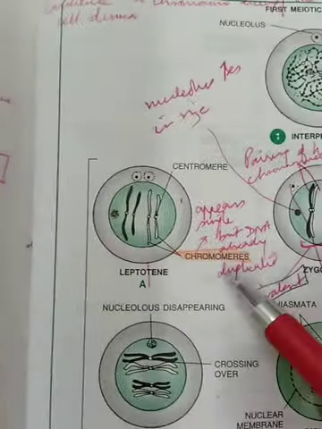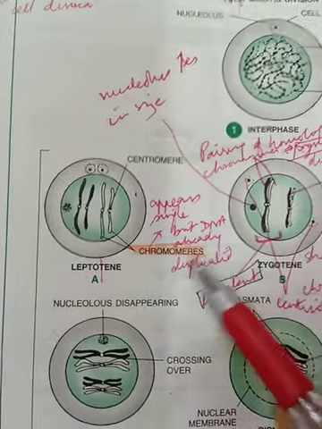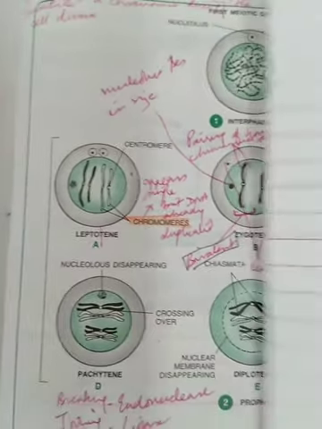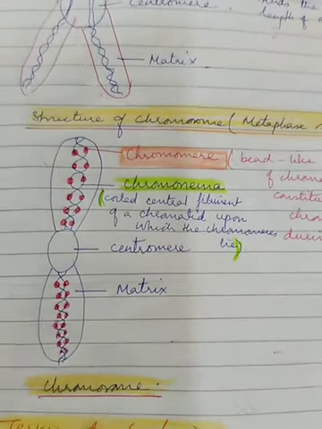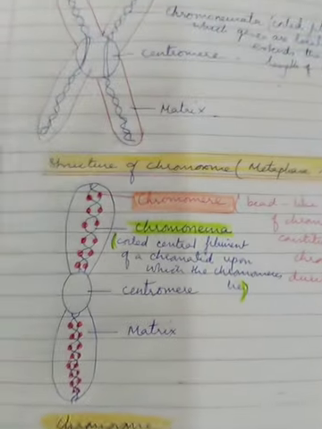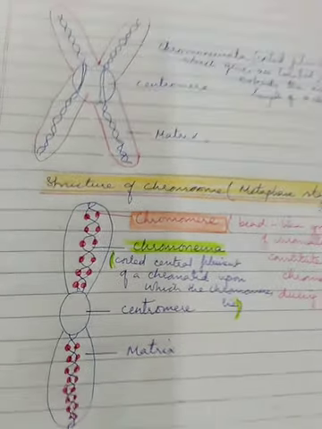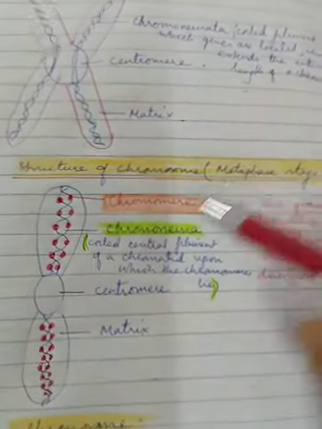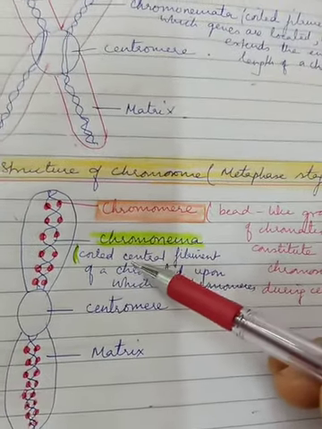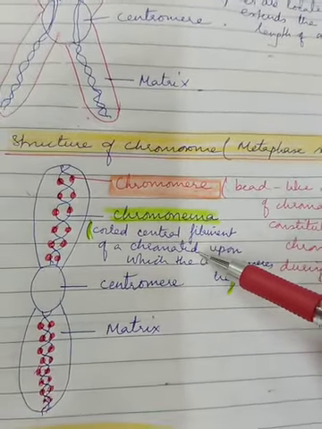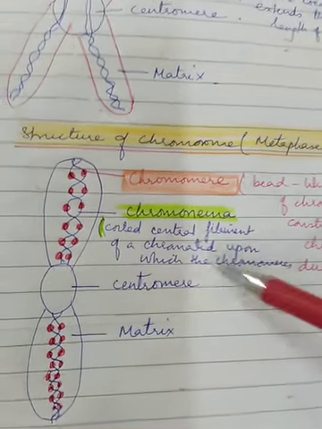Here, there's a word coming as chromomere, right? I'd like to show you a diagram like this. What is a chromomere? Suppose this is a chromosome. Throughout the length of the chromosome, we see a coiled central filament of chromatid upon which the chromomeres lie.